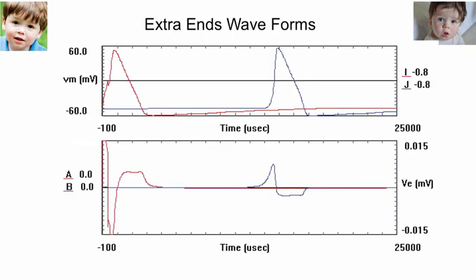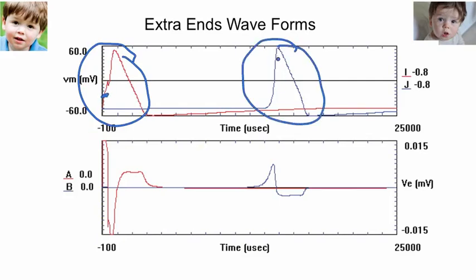When we do that, we once again see the intracellular waveforms looking much the same as they always have. This one from the left, we see the stimulus artifact. This one from the right. The wave shape remains pretty much the same that we saw previously.